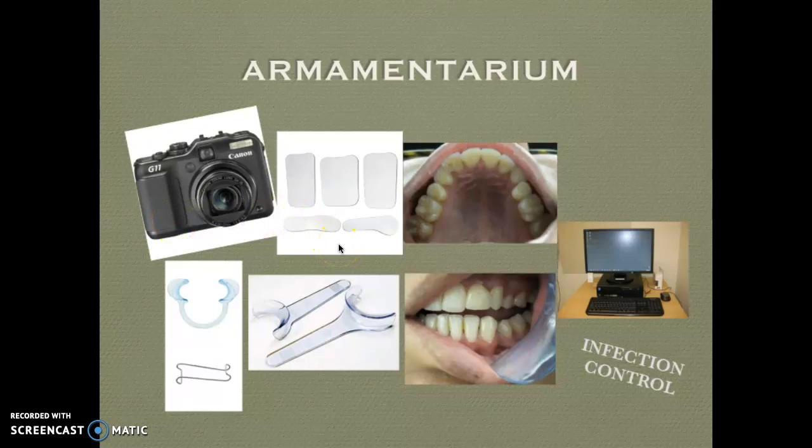Another part of the armamentarium is a series of mirrors, and you may only use one mirror here. These are mirrors that are used intraorally, and you're actually focusing on the mirror for some of the images, as in this dental arch image.